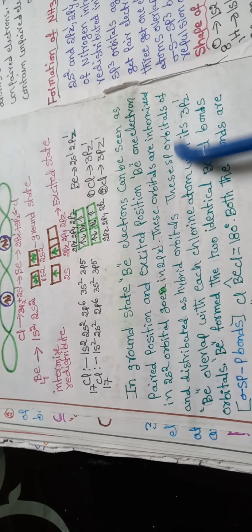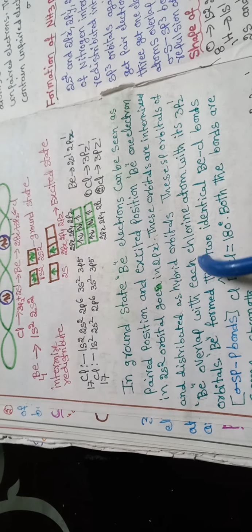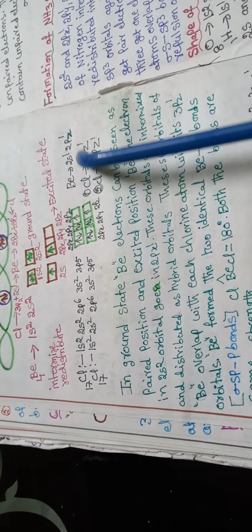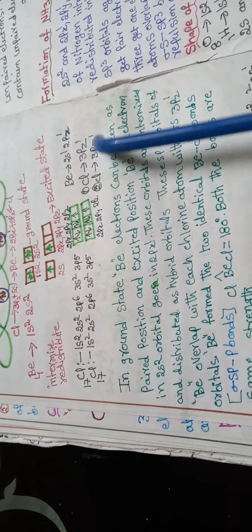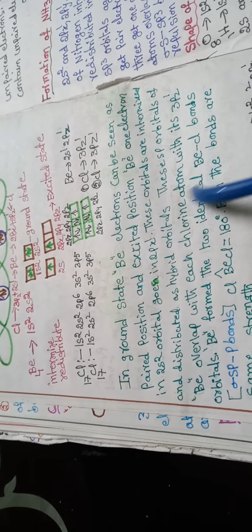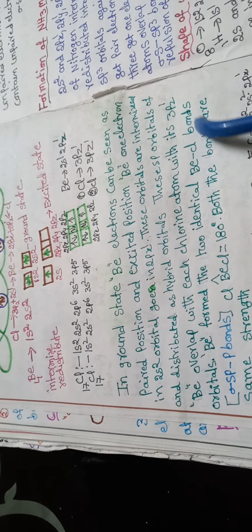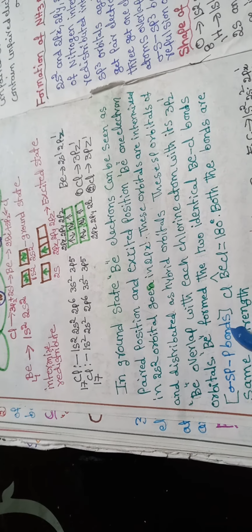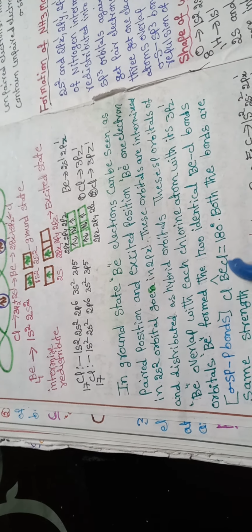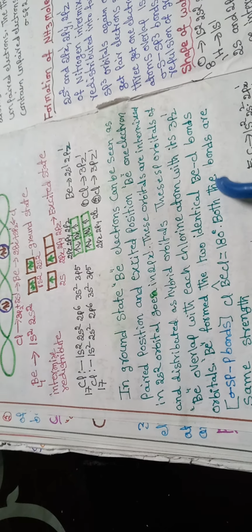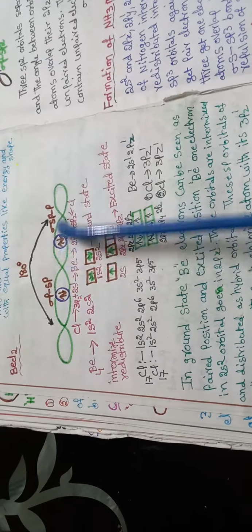So these sp orbitals of beryllium overlap with each chlorine atom's 3pz1 unpaired electron orbital. Beryllium forms two identical beryllium chloride sigma sp-p bonds. The angle between beryllium and chlorine is 180 degrees. Both bonds have the same strength. So the shape is linear and the angle is 180 degrees.